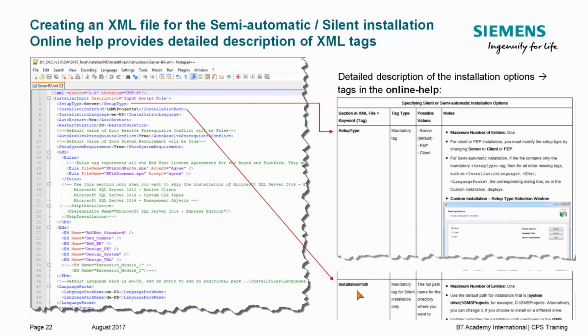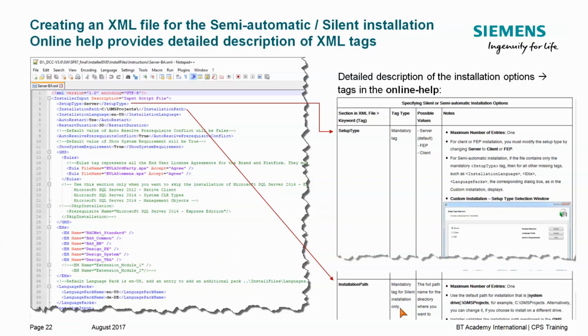Let's have a look at the installation path. In the installation path, it says that it is mandatory for the silent installation only, so this is really mandatory. When a specific section is mandatory for, for instance, the silent installation, this means that if you would use this XML instructions file for the semi-automatic installation, it still works.